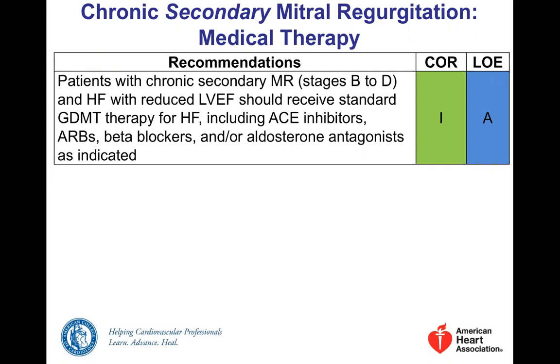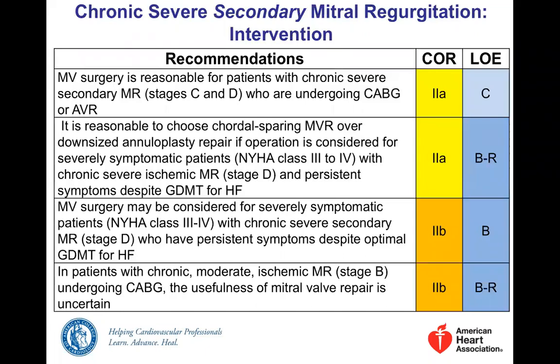This is a class 1A. For the intervention for chronic severe secondary mitral regurg, mitral valve surgery is reasonable for patients with chronic severe secondary mitral regurg, stages C and D, who are undergoing CABG or AVR. This is a class 2A.